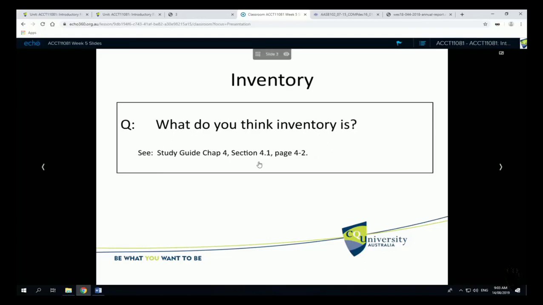And for those who have read the study guide in chapter 4, you'll have an idea of what we think inventory is. And for those who haven't, you may like to open the study guide and refer to it and make notes as we go through the lecture today. This particular question, what do you think inventory is, relates to the very first section on page 2.